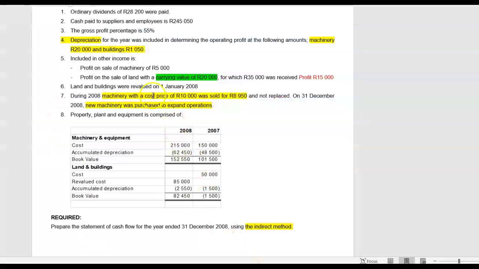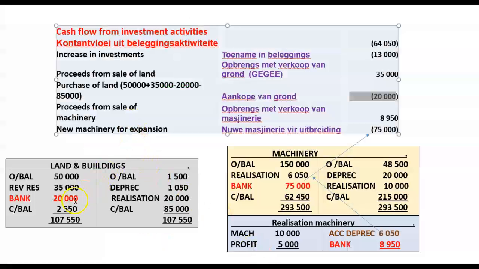Now I don't think they told you here whether the machinery was for expansion purposes. I think we can put this down for replacement purposes purely because I have actually had some land and buildings before which I have replaced now.